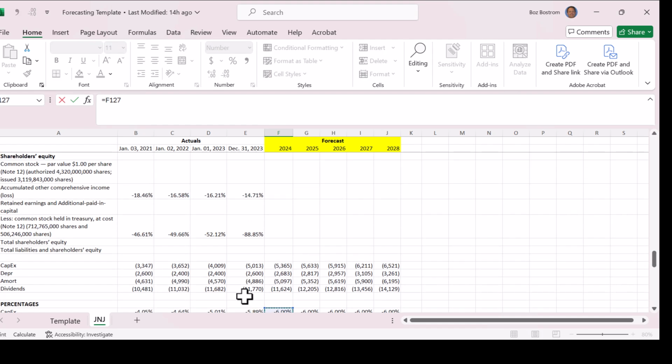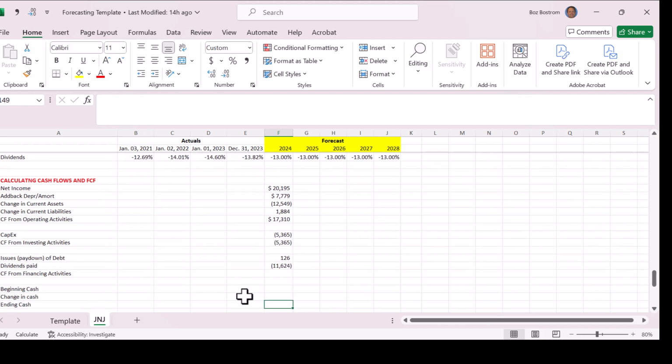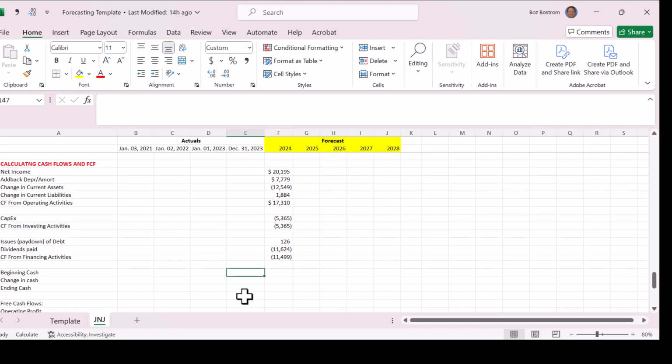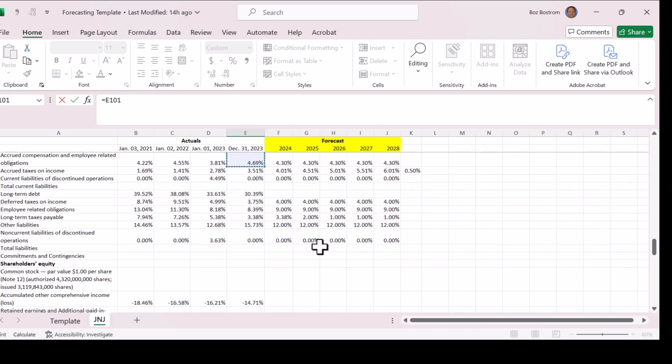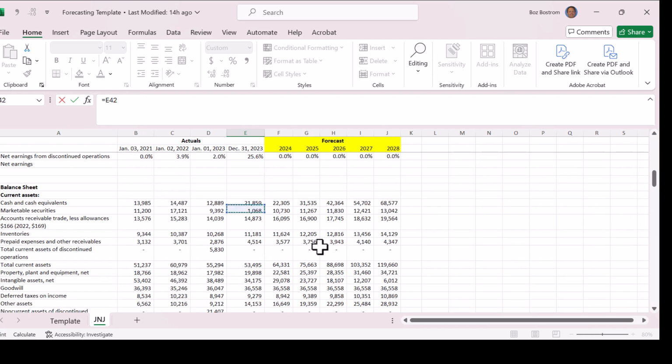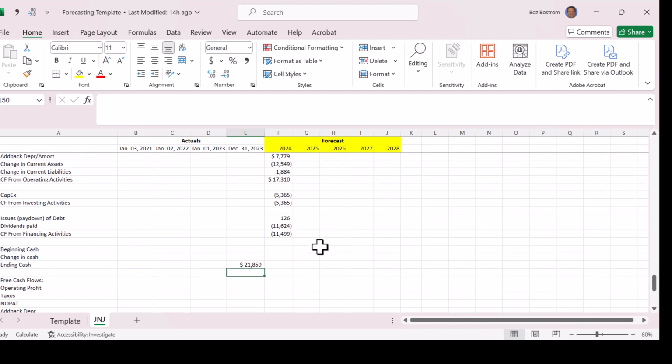Dividends equals, go to my dividends. Cash flows from financing activities, alt equals. And then my ending cash from the beginning year equals, go ahead up to my ending cash. My beginning cash equals, go to my previous year's ending.